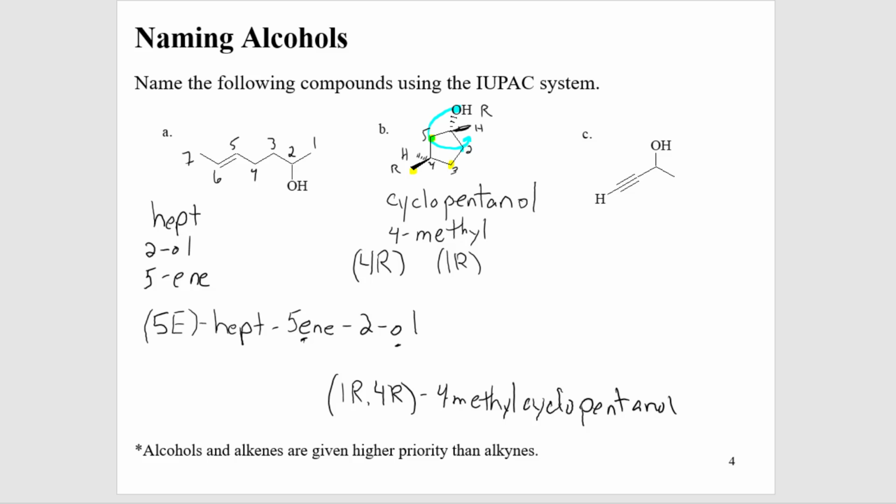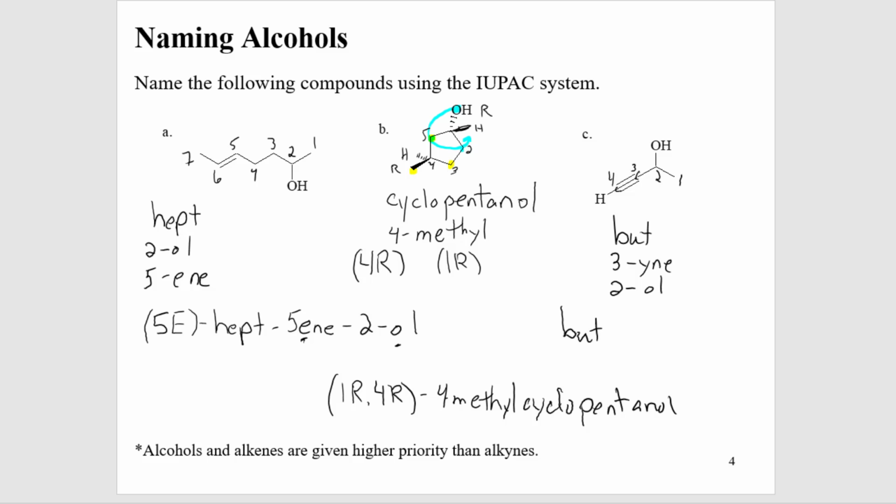Well, again, alcohols take precedence over the alkenes and alkynes, and so we're going to start numbering from the right. 1, 2, 3, 4. Don't forget, those are carbons on those linear alkynes. So we have but, and we've got, let's see, 3-yne, 2-ol. Let's put it all together.